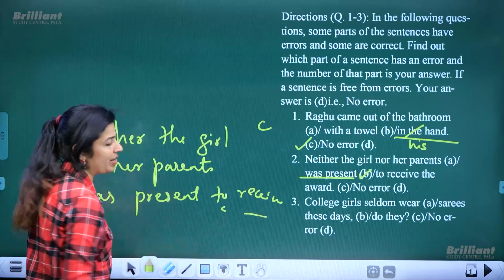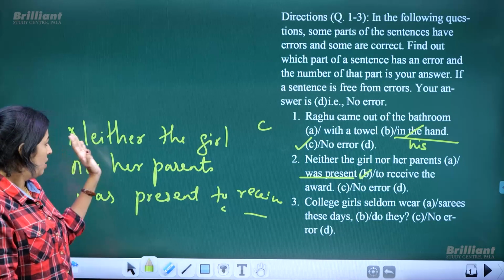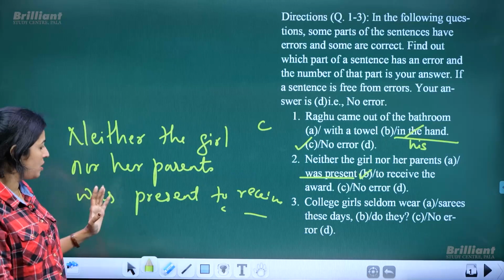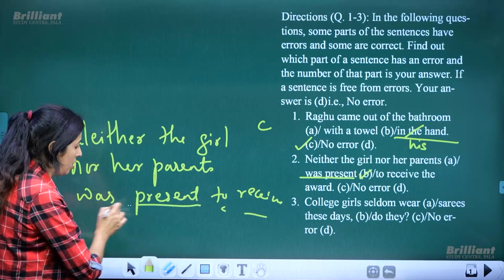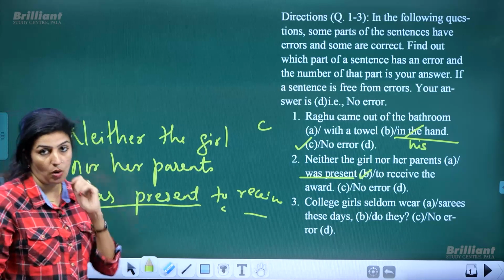That part, to receive, is correct, so no need to write it again. I said this part is wrong, this particular tense form is wrong.